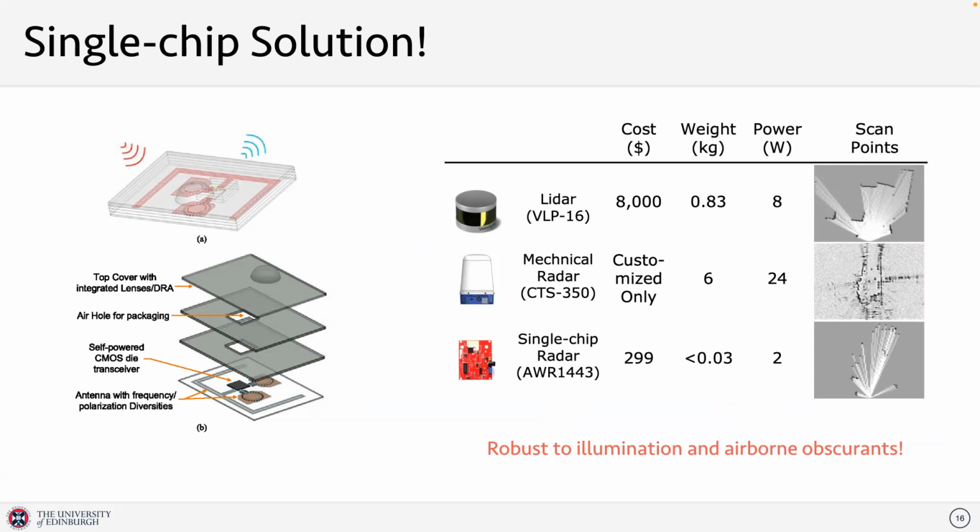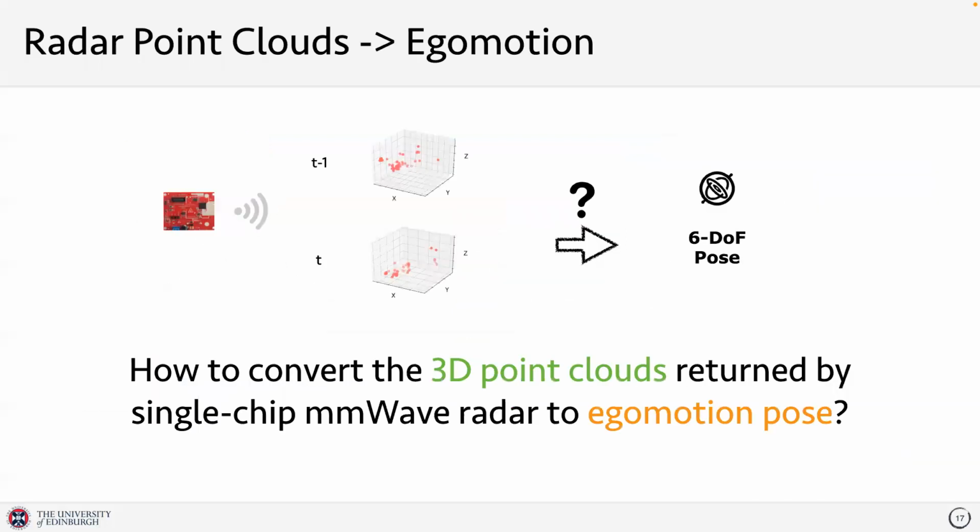Actually, today we have already seen this radar appearing on smartphones, such as the Google Pixel 4, which recently embraced a single-chip radar for motion sensing, and in lots of automotive vehicles, such as Ford, Uber, even Tesla before, which used this millimeter radar for sensing. So this radar sounds like an exciting opportunity ahead of us.